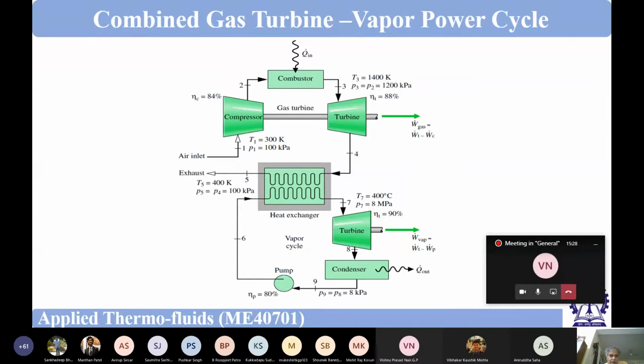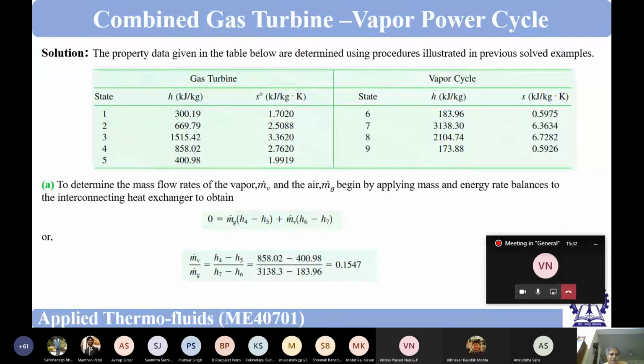And obviously, taking air as ideal gas, we have calculated these enthalpy values. We can also get the entropy values. We can also use the gas table, you are familiar with the gas table. And then the vapor cycle: 6, 7, 8, 9.